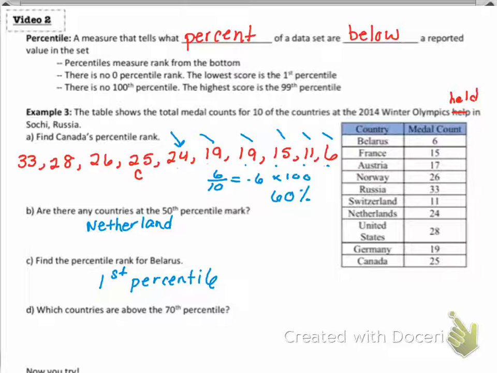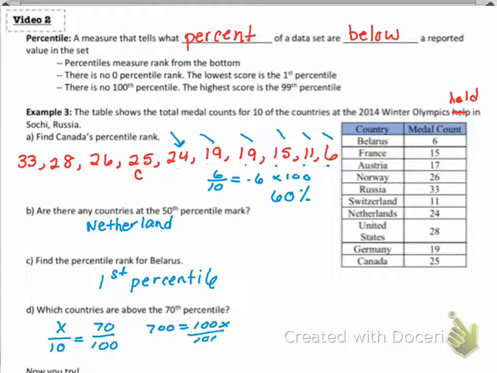And then question D says, which countries are above 70? Meaning they have more medals than 70% of the countries. We've only got 10 countries, so what's 70% of 10? Cross multiply, I get 700 is equal to 100x.